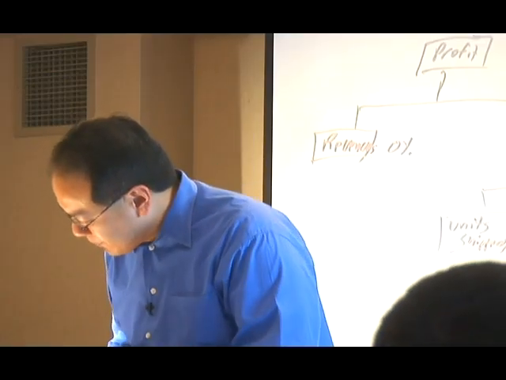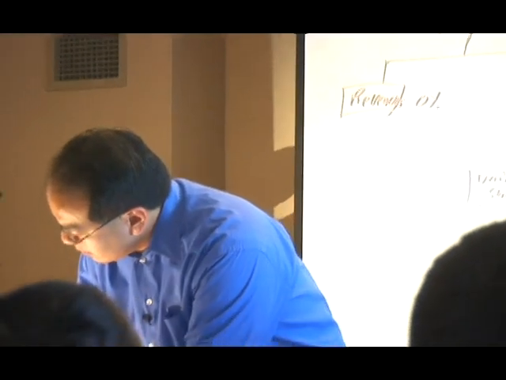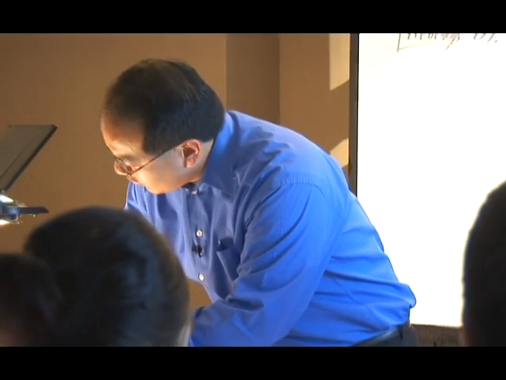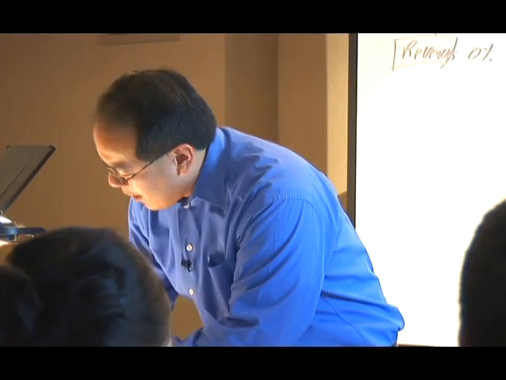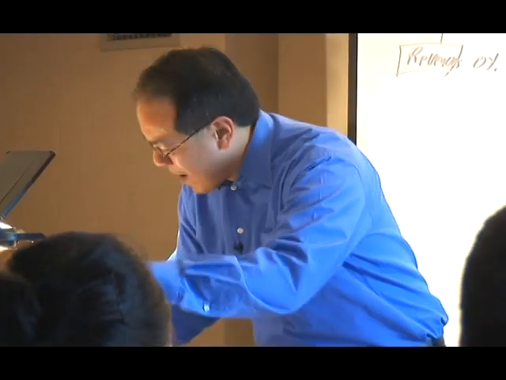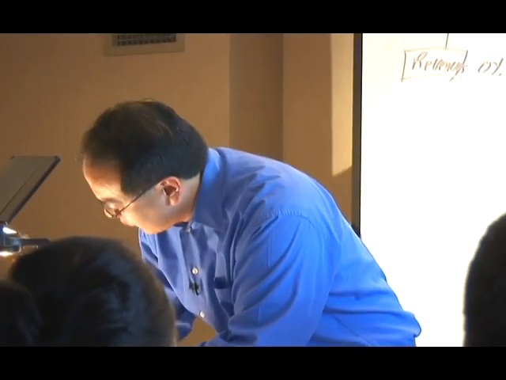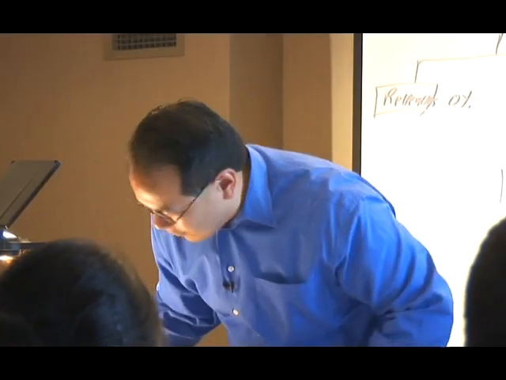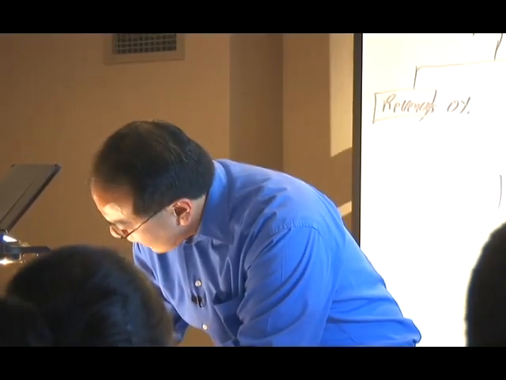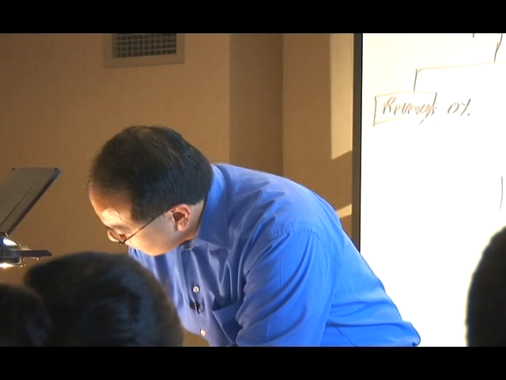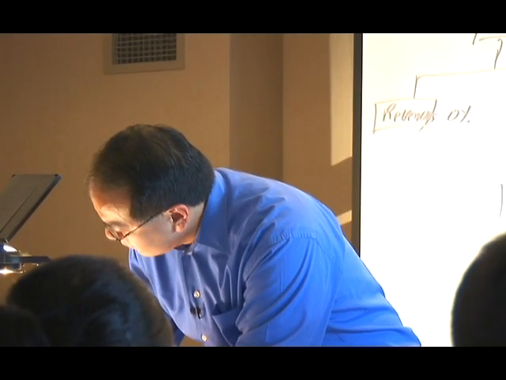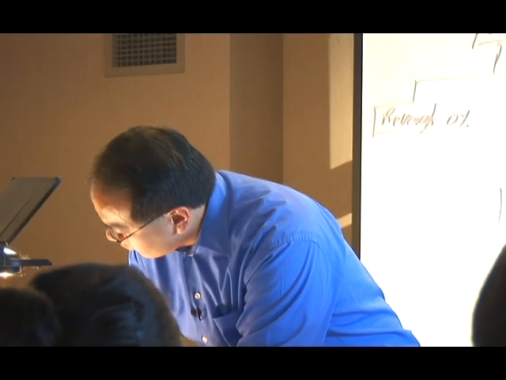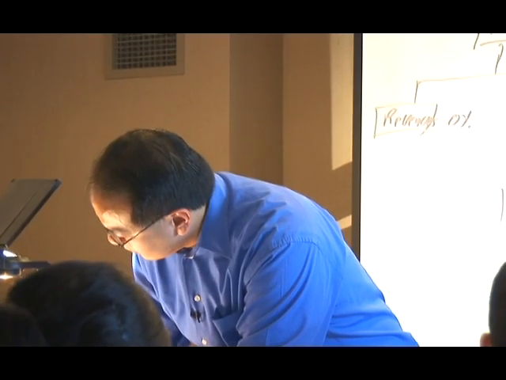Units shipped, and then cost per unit. I'm going to just say it's a cost per unit problem, even though mathematically it doesn't tie out, because I want to illustrate a particular point. For cost per unit, let's say it's $10 cost per unit.